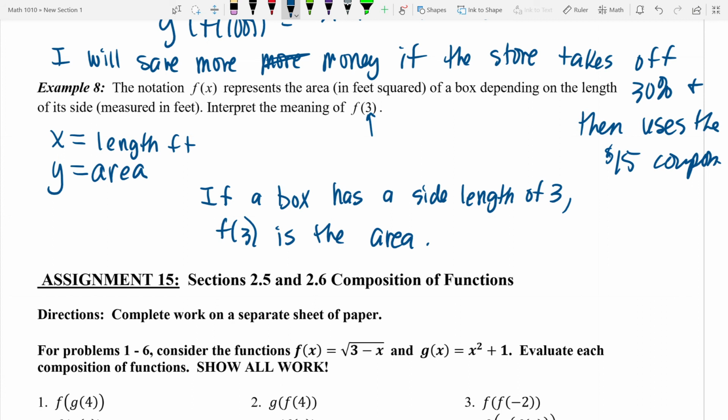So all you have to say is 3 is the side length, f of 3 is the area. It's kind of awkward because they don't give us a number. To me, I think it would make more sense if it looked like that. So I would say a box that has a side length of 3 has an area of 9. That would make sense, but they don't give you the number. So you just say f of 3 represents the area of a box that has side length of 3.